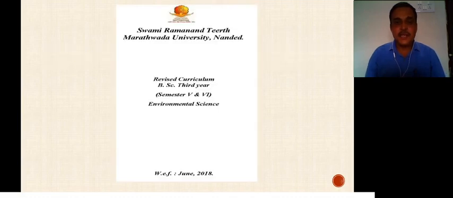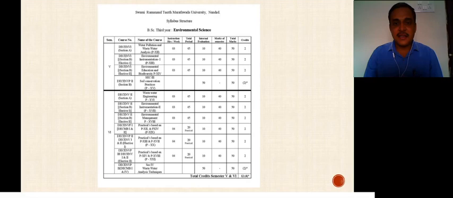This is the first page of the BSc third year Environmental Science syllabus of Swami Ramanand Teerth Marathwada University, Nanded. Then, this is the overall structure of the BSc third year Environmental Science syllabus.